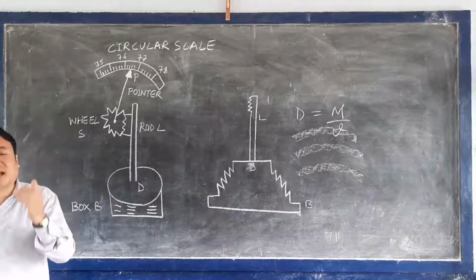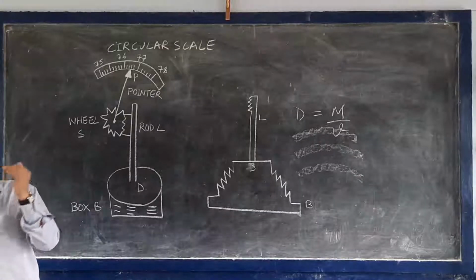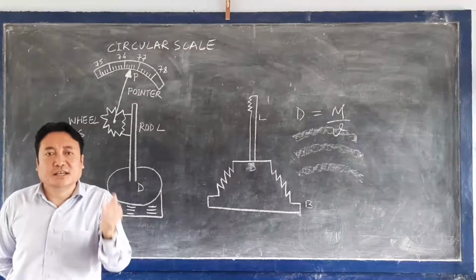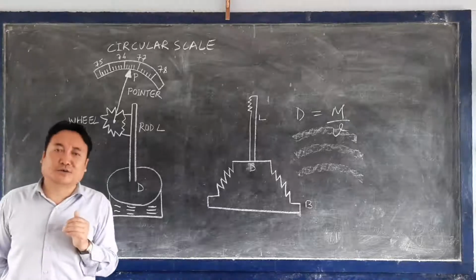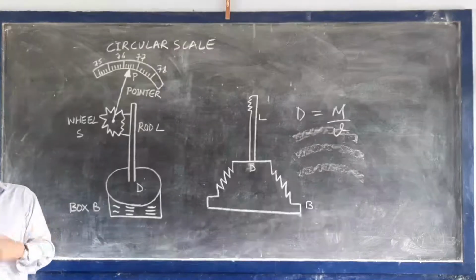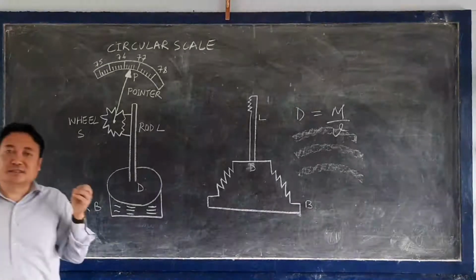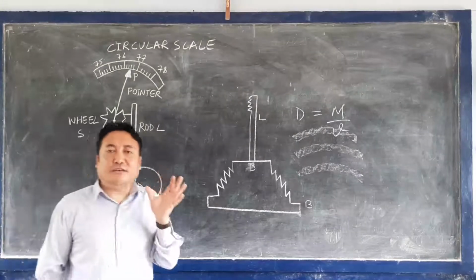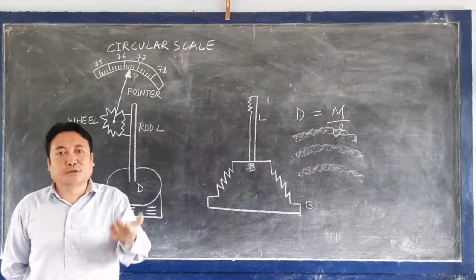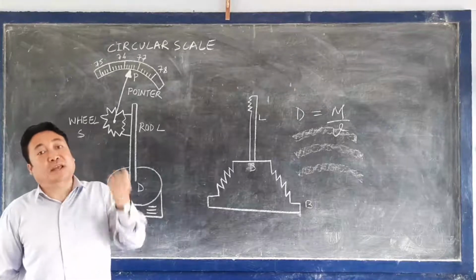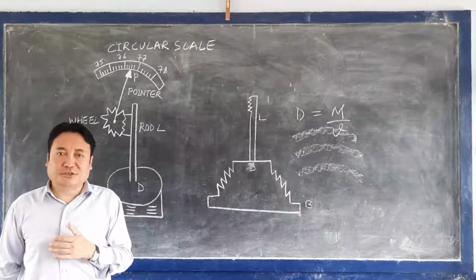And if there is no change in the barometric height, this indicates that the atmospheric pressure is normal, and therefore the weather remains unchanged. So this way you can find whether there is rainfall, a cyclone, dry weather or extreme dry weather, depending upon the rise or fall of the barometric height.